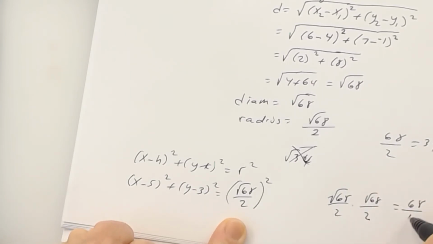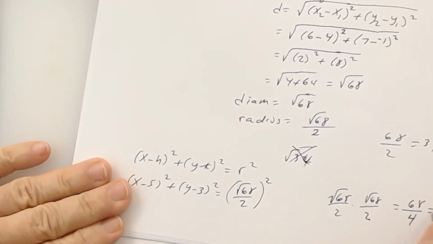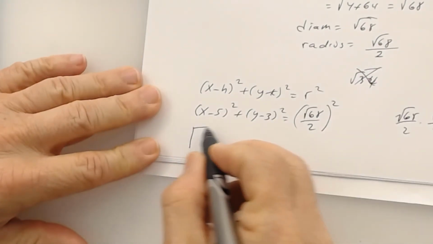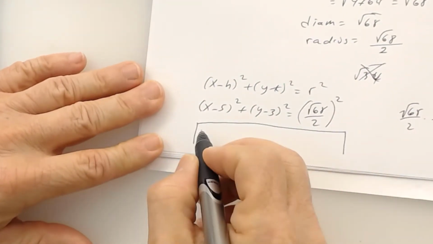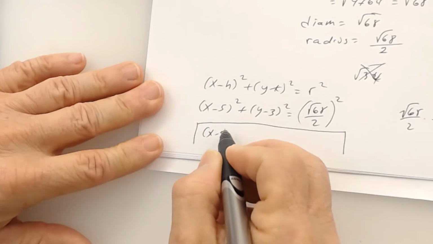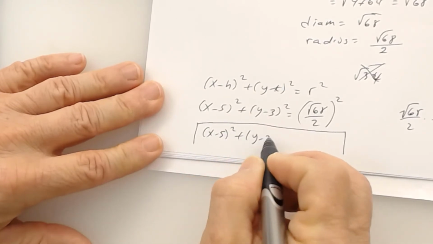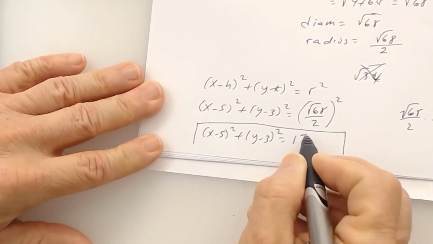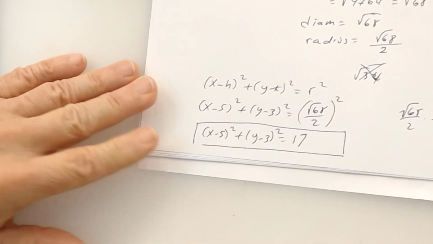What's 2 times 2? 4. Now simplify that. Is 68 divided by 4 a whole number? Yeah, what is it, 17? So now you have your answer. Your answer then will be x minus 5 squared plus y minus 3 squared equal what? 17. That's your answer.